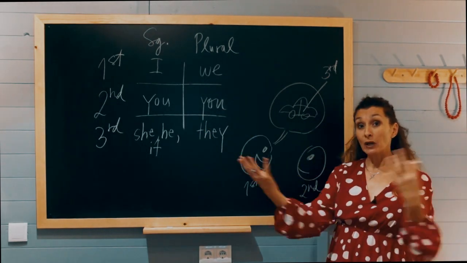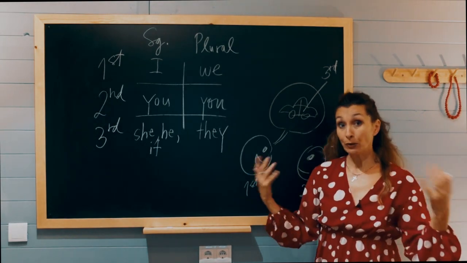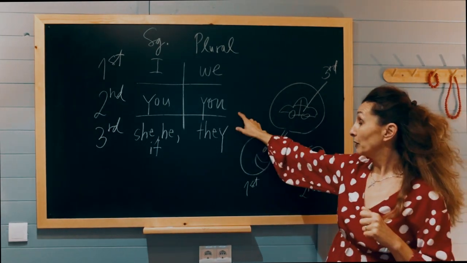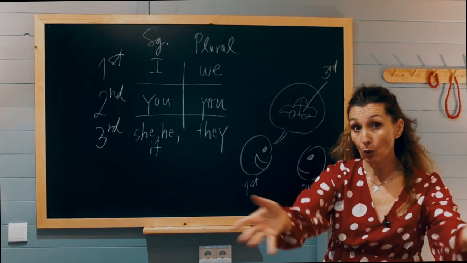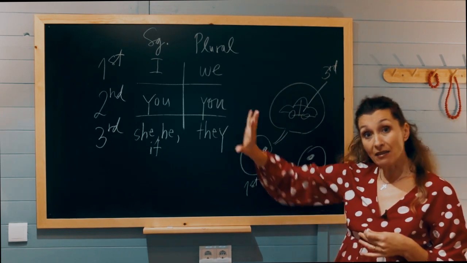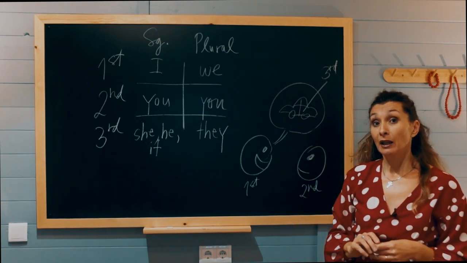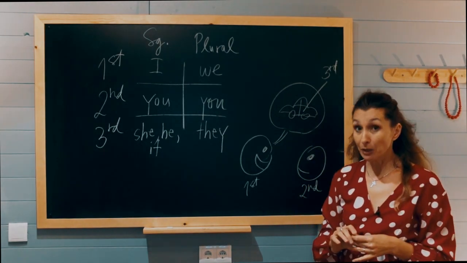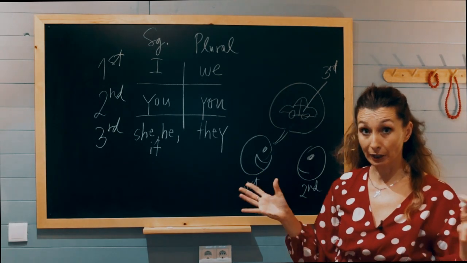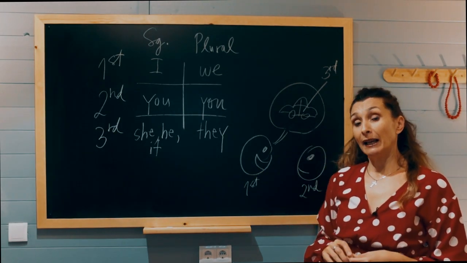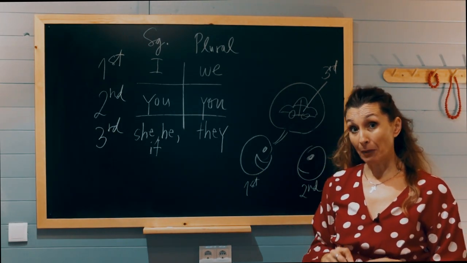Same in plural. We, it's me and more people. You, this you, is you and more people. And they is, again, a group of people or maybe just a couple. And again, it doesn't even have to be people. It could be an object as well that we are talking about, okay?